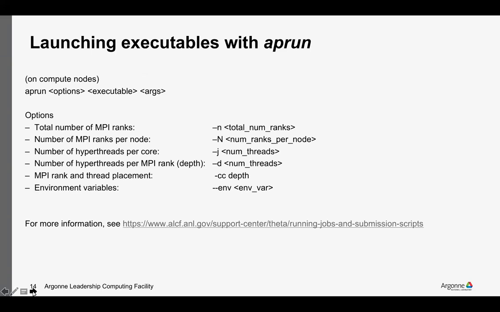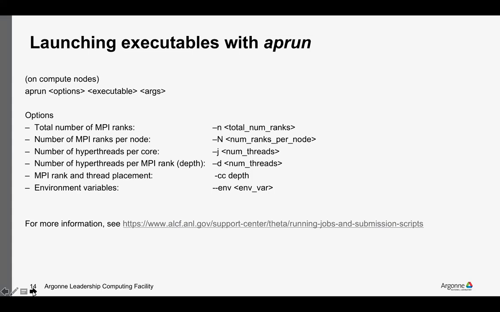Among the options are -n for the total number of MPI ranks, -N for the ranks per node. And then if you have threading, -j for the number of threads per core, -d for threads per rank. And in this context, you may see the word hyperthread used a lot. Hyperthreads are similar to regular threads, just with some more features.